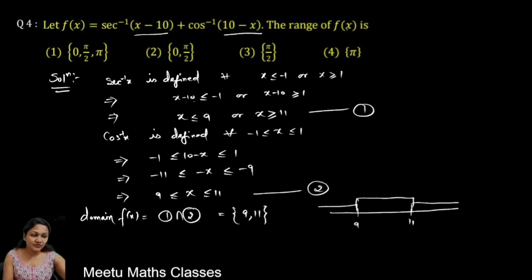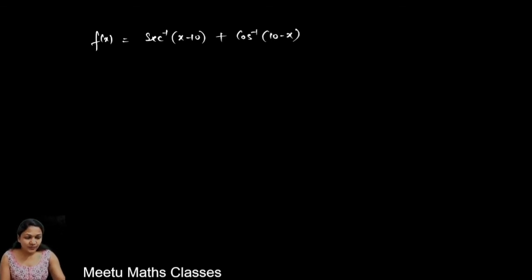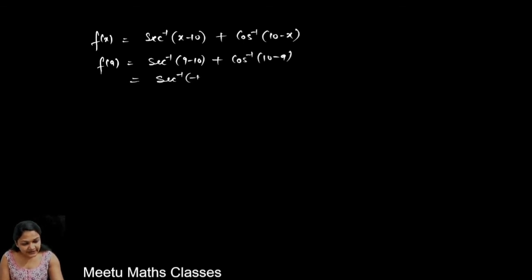Now we can find the range of f(x). Your f(x) is sec inverse of (x minus 10) plus cos inverse of (10 minus x), and the domain is 9 and 11. So f(9) is sec inverse of (9 minus 10) plus cos inverse of (10 minus 9), so sec inverse of -1 plus cos inverse of 1. This will be pi plus 0, that is pi.